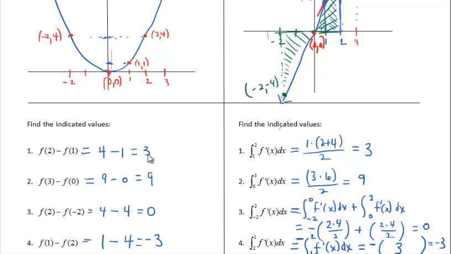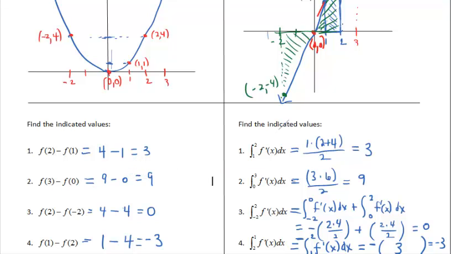You're finding the change in the y-coordinates on the regular graph at the corresponding x's. These two x's, 1 and 2, are my input values here. These two x's here, 0 and 3, are my input values here. So integrate a rate, you get back to the change in the y-coordinates on the regular graph.